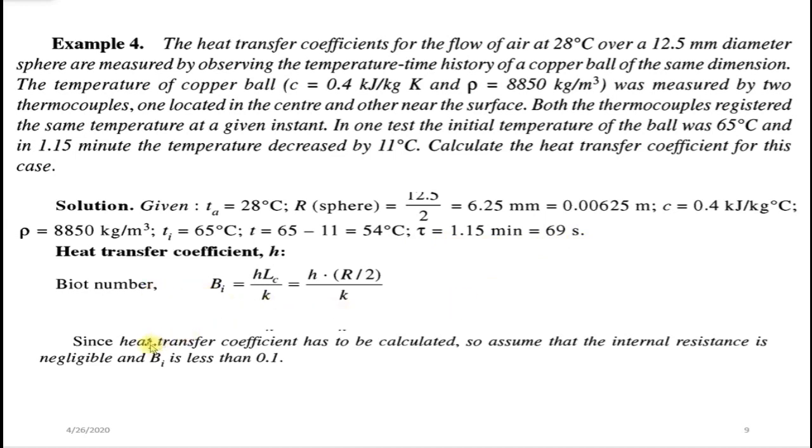Since the heat transfer coefficient has to be calculated, we assume that internal resistance is negligible and the Biot number is less than 0.1. In this problem, there is no information about whether to neglect the internal resistance, but you have to assume it is neglected and Biot number is less than 0.1, then only we can go for the lumped capacitance method.